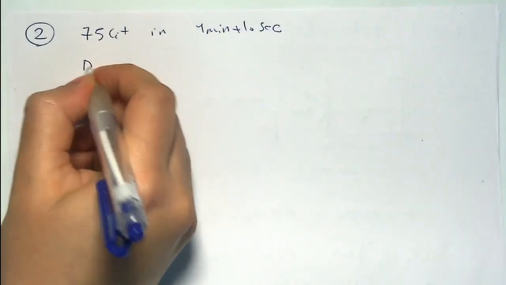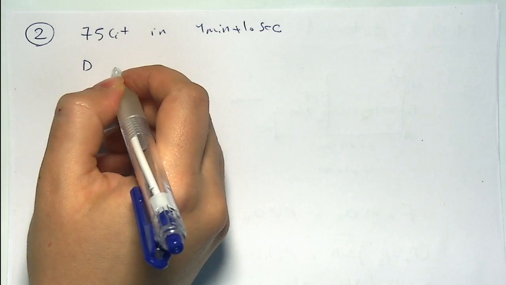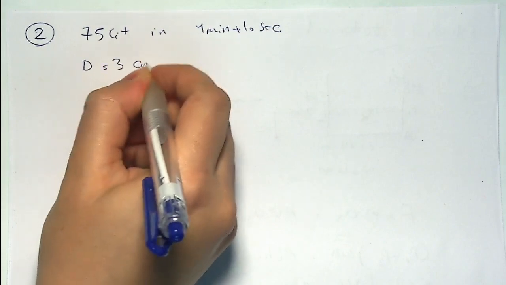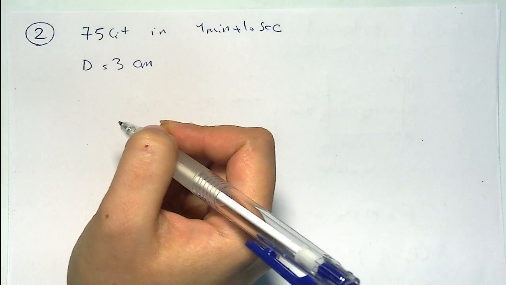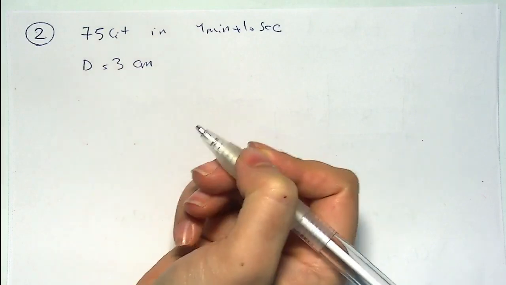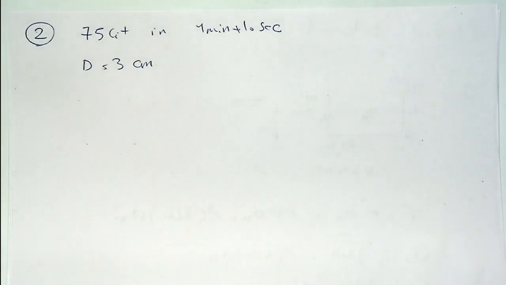The diameter of the pump exit is 3 centimeter, and you are asked to calculate the average pump flow velocity in meters per second. Okay.